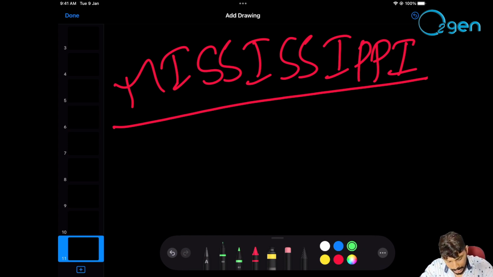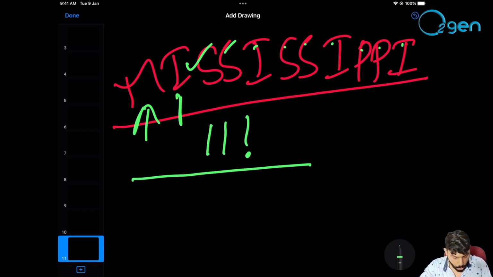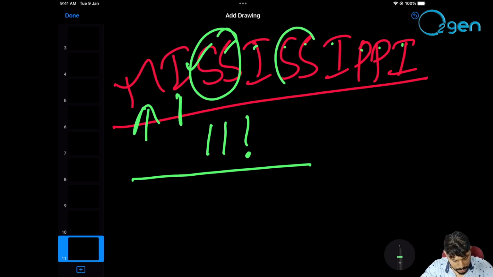Total how many letters are there? 1, 2, 3, 4, 5, 6, 7, 8, 9, 10, 11. Total 11 letters. So it can be arranged in 11 factorial ways divided by the repeated letters. How many letters are repeated? S is repeated 4 times, I is repeated 4 times.